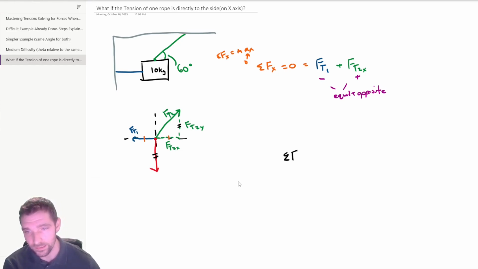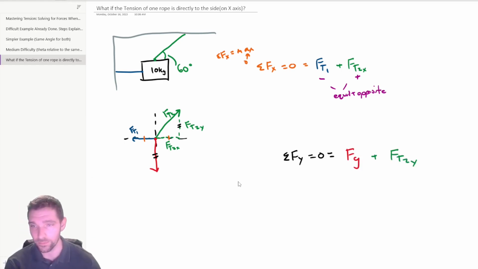We've got the sum of forces in the y-axis should also be 0 for the same reason, there's no acceleration in the y-axis. And now we just have two forces. We've just got the force of gravity going down, and we've got this force of tension 2 in the y-axis lifting it up. Those should be now equal and opposite. So this just makes it a little simpler.